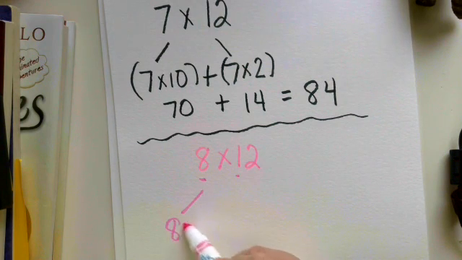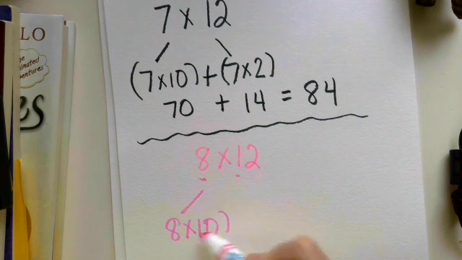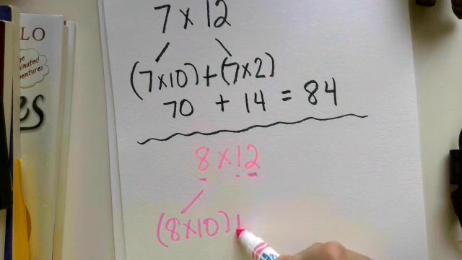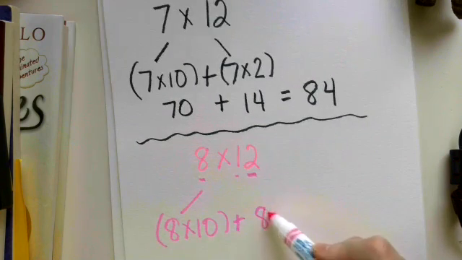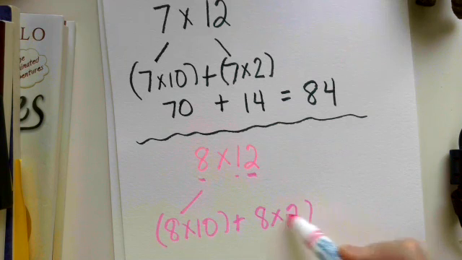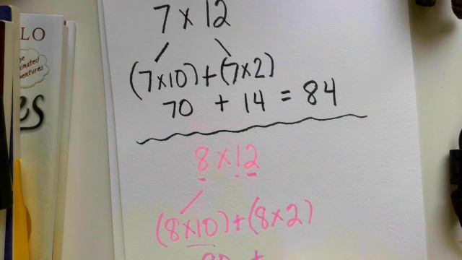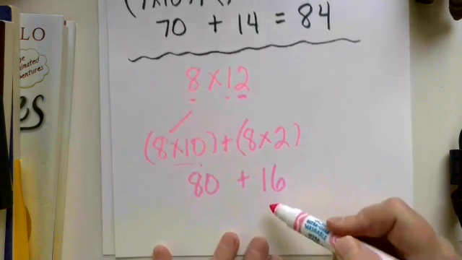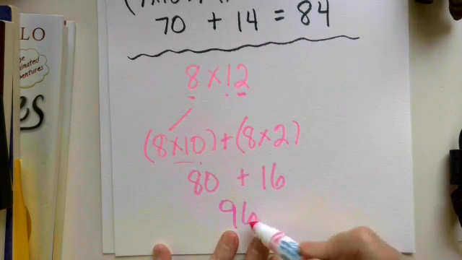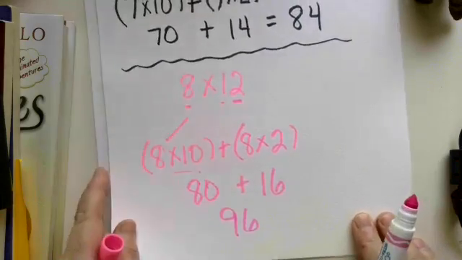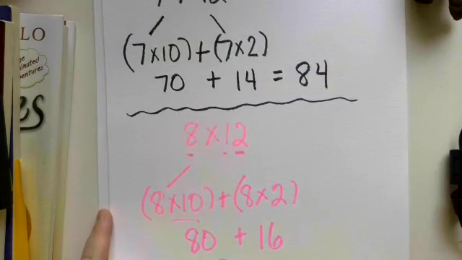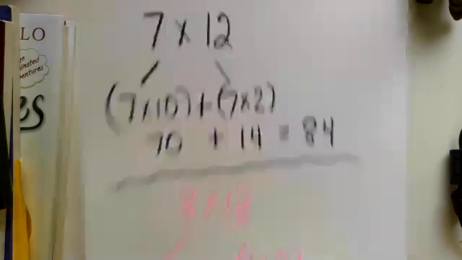Let's break that up into 8 times 10. And we can add it to the 8 times 2. And we get 80 plus 16, 96.